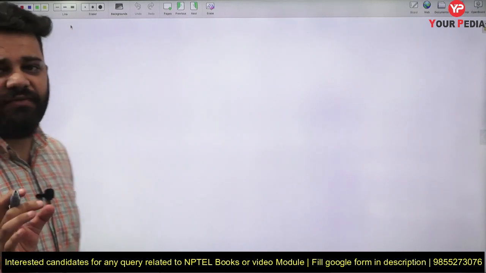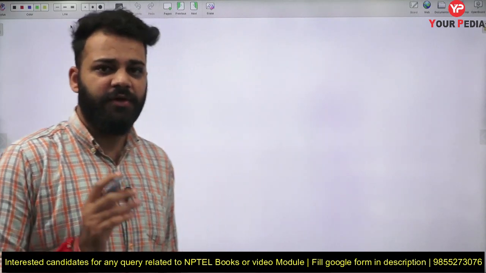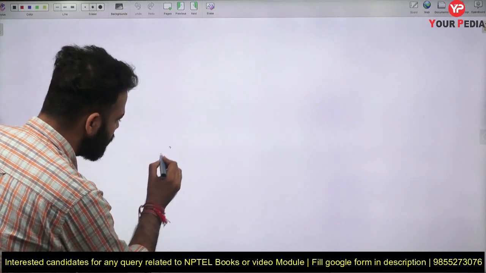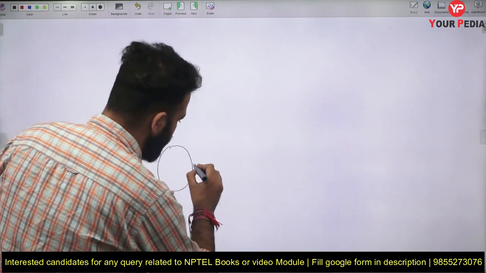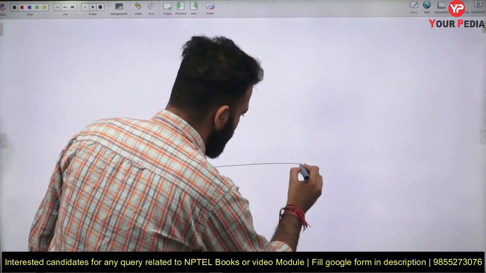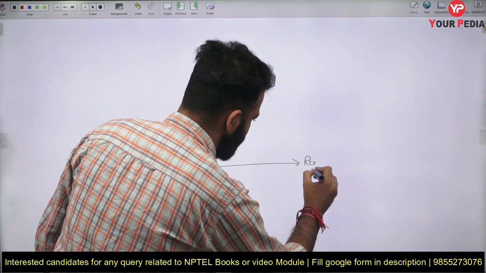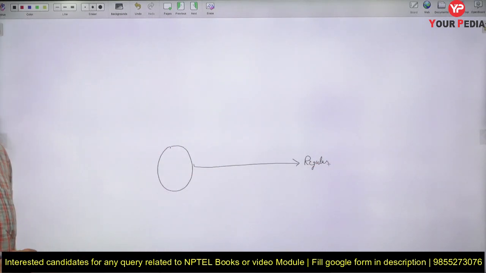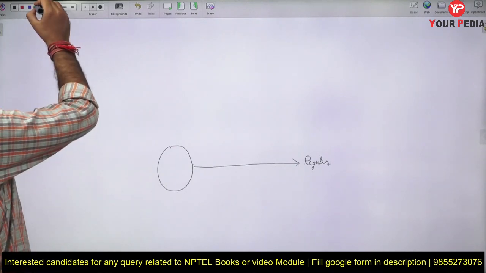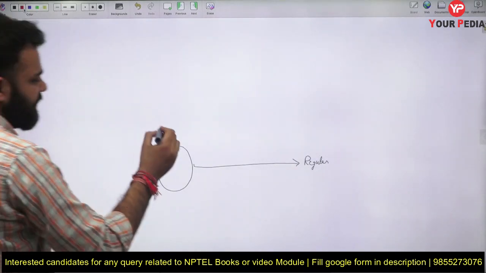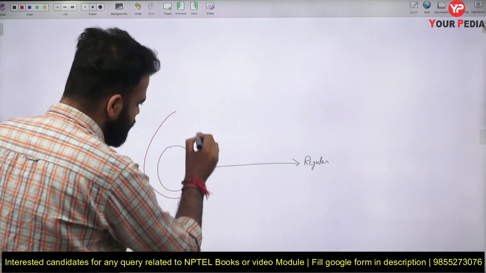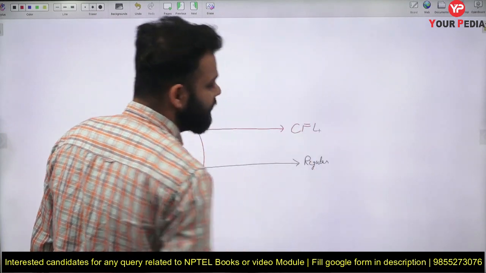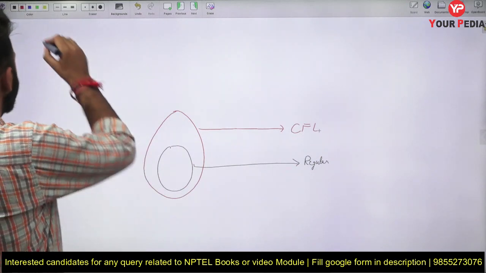So he gave a hierarchy for the languages. The smallest set of that hierarchy is regular languages. After this, we have context-free languages, also called CFL.